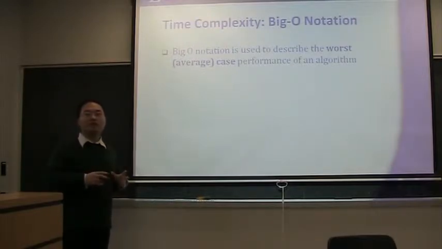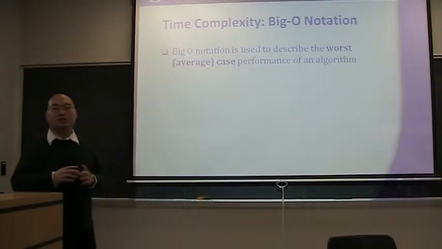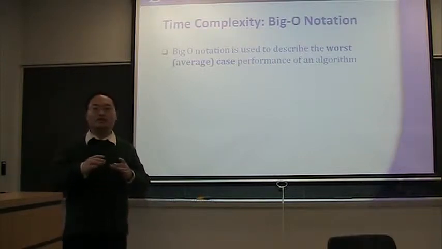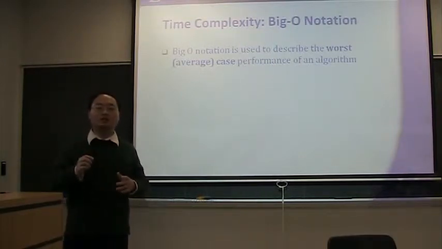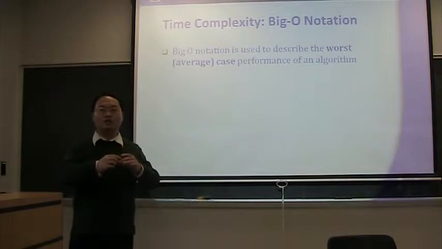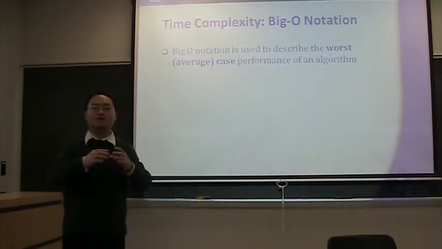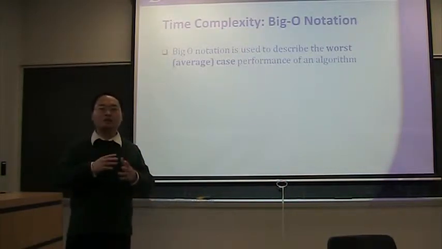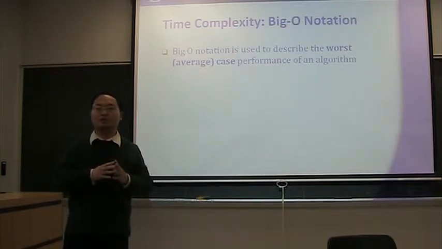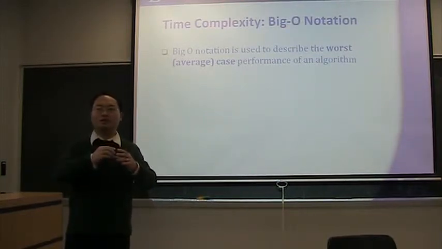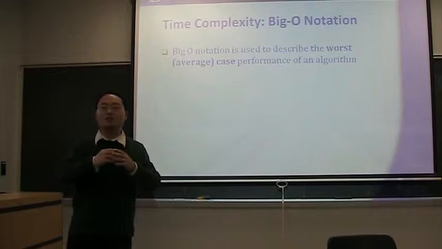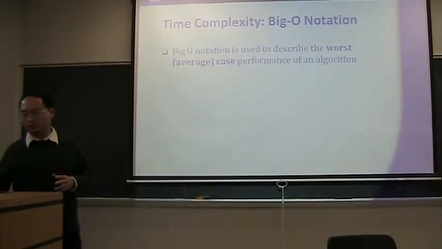Let's say we have an algorithm, and this algorithm has a critical parameter called n, and with this n, or problem size, increasing, the total number of times we are going to execute the most time-consuming part is F(n).